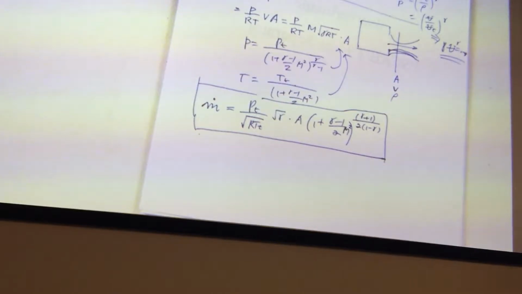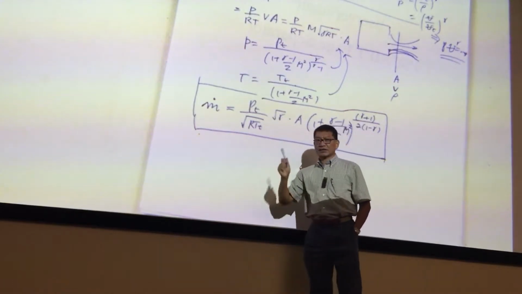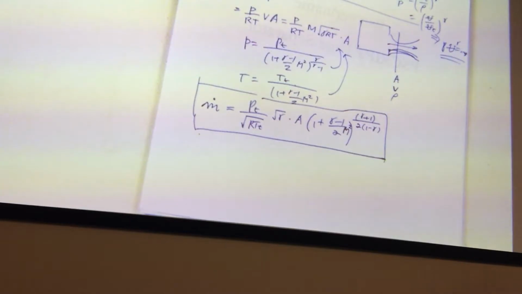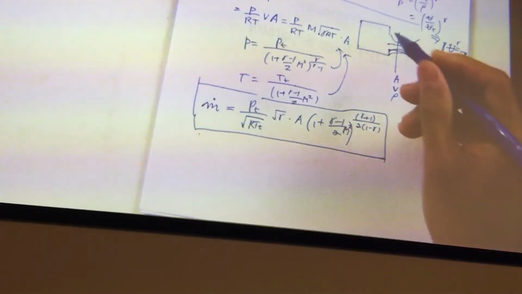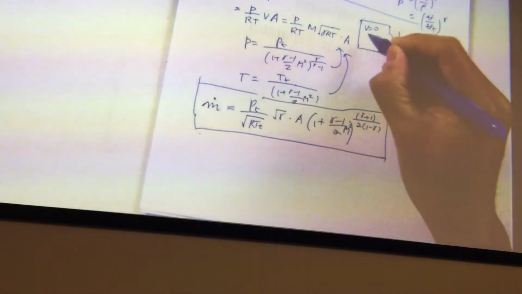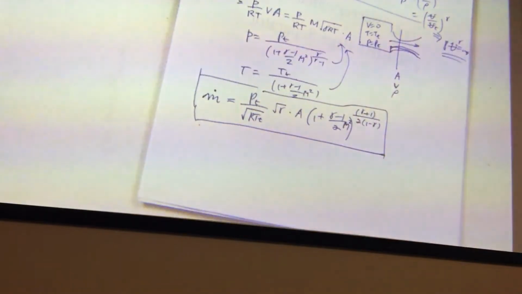The reason this is important is that you are referring to stagnation pressure and stagnation temperature, which remain constant throughout the flow, rather than P and T, which vary with location. You might well just talk about P_T. And in a case like what I drew here, in the chamber or in the reservoir, M is equal to 0, T is equal to T_T, P is equal to P_T.